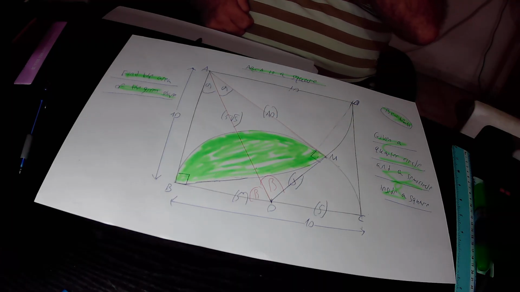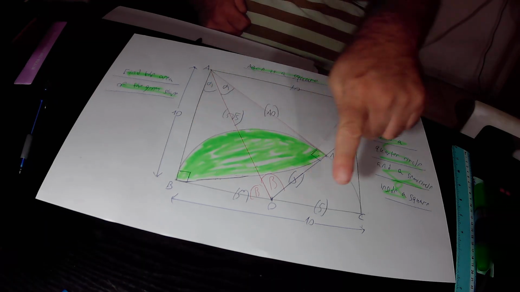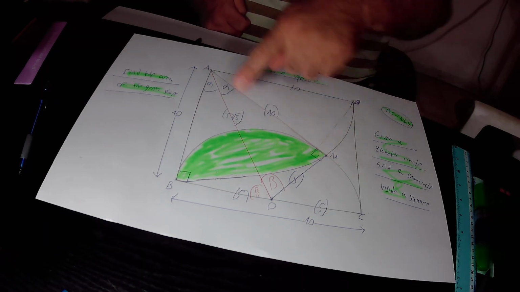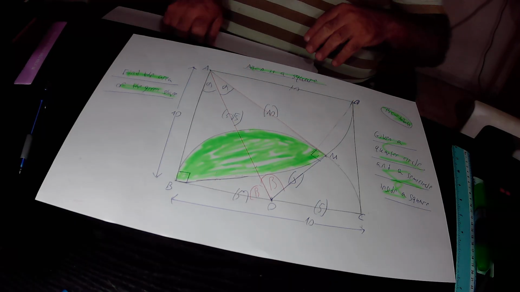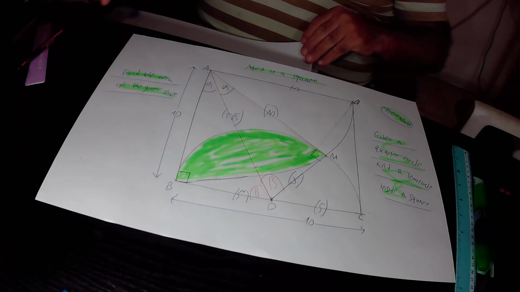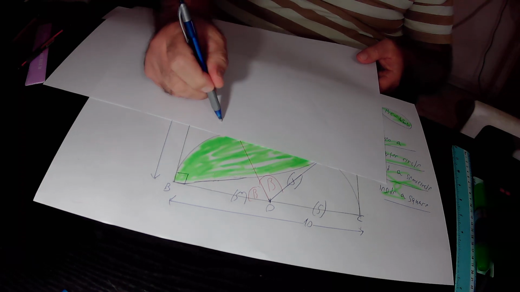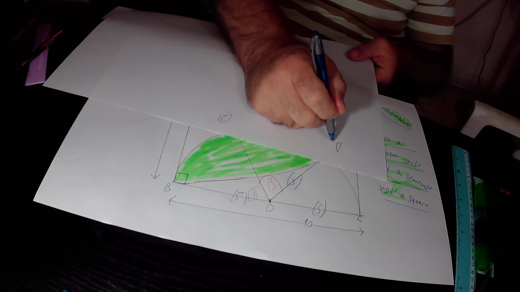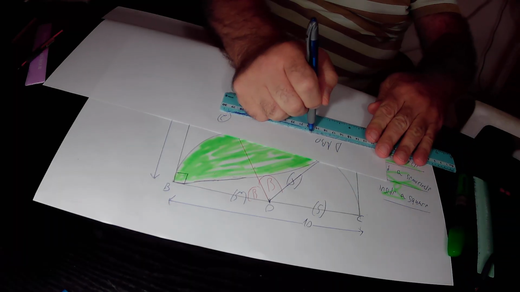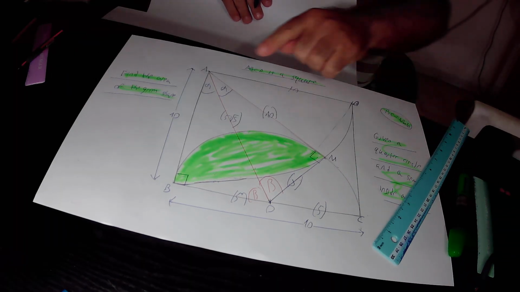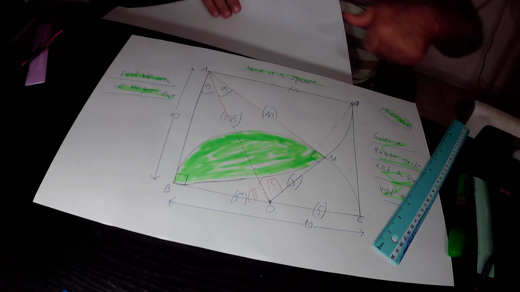In the right triangle ABO, sine alpha equals BO over AO. So write it down: in the right triangle ABO, sine alpha equals BO over AO.